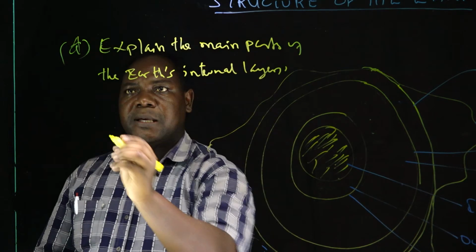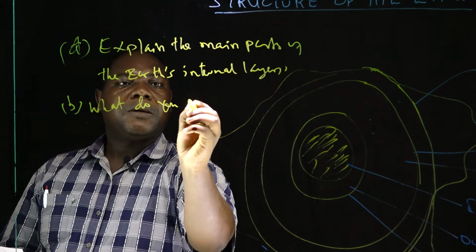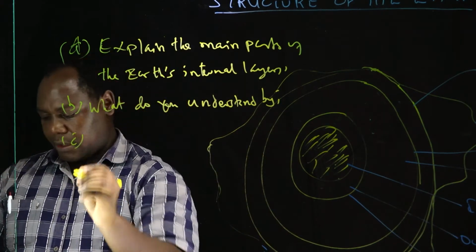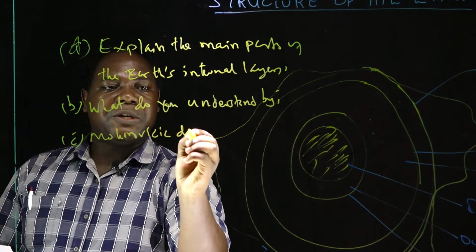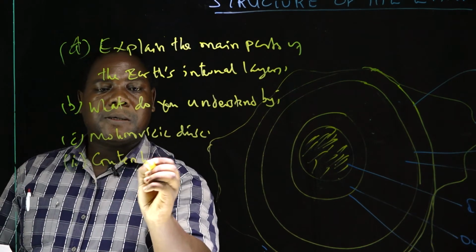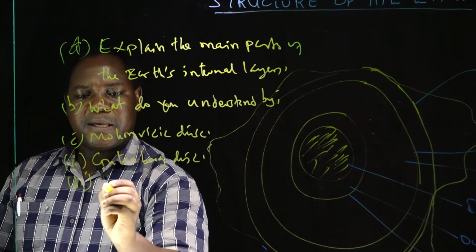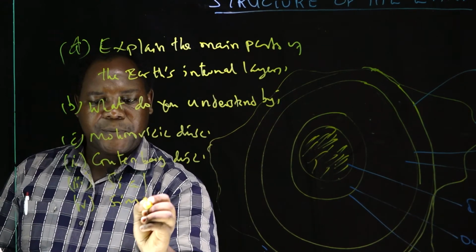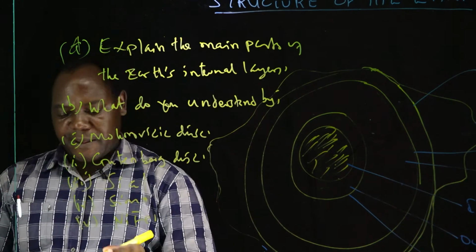The second activity: what do you understand by 1, Mohorovicic discontinuity, 2, Gutenberg discontinuity, 3, sial, 4, sima, and 5, Nife.